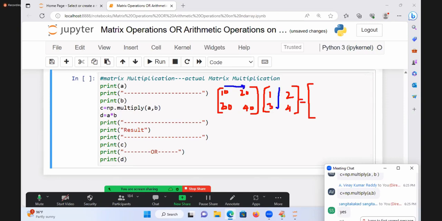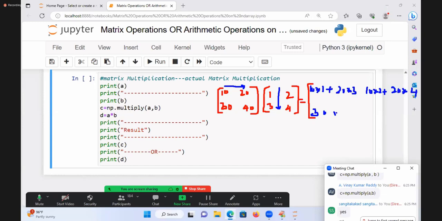Start here: 10 into 1 plus 20 into 3. Very good. Next: 10 into 2 plus 20 into 4. Okay. Next.